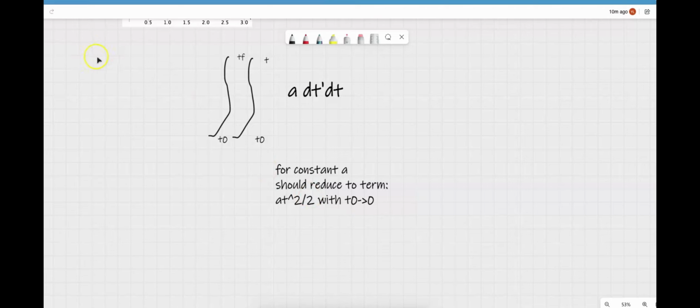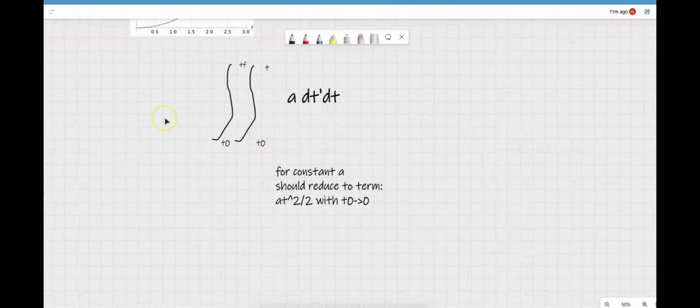The other terms come from the other side of the integral equation. You don't need to worry about those, and it should reduce to delta t, or t final minus t naught, squared over 2, and it should reduce with t naught going to 0 to this term.